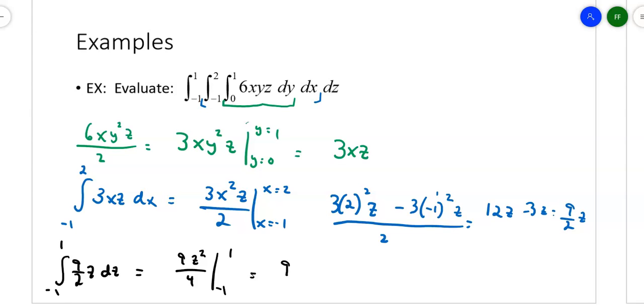So I get 9 times 1 squared over 4 minus, if I put a -1 in for z, -1 squared is just 1, so I get minus 9 times 1 over 4 again. I end up with 0. Is every triple integral 0? Oh no, this one just happens to be. So if you're calculating volume, same amount above the plane as below it.